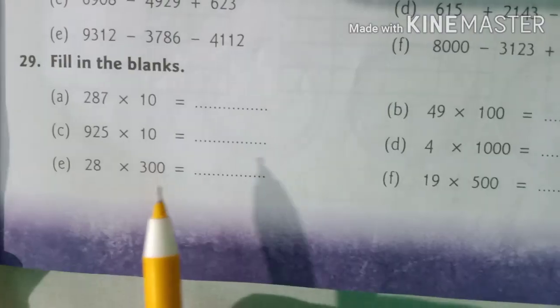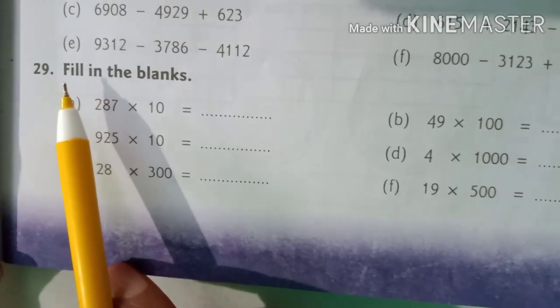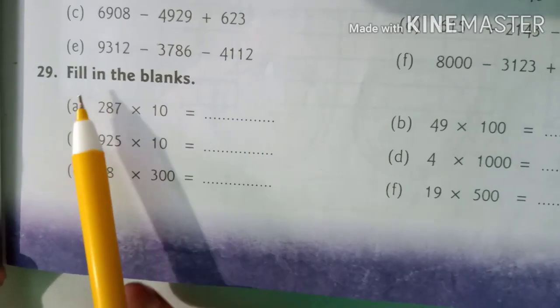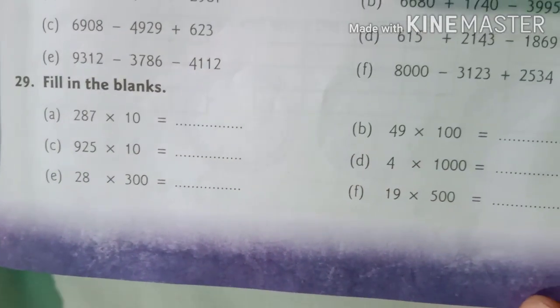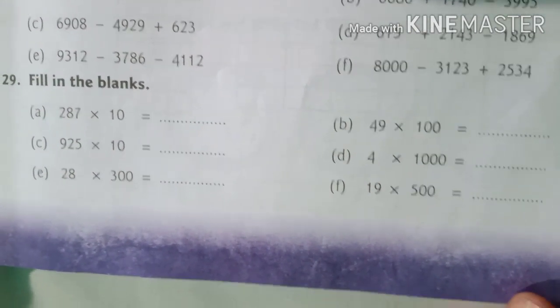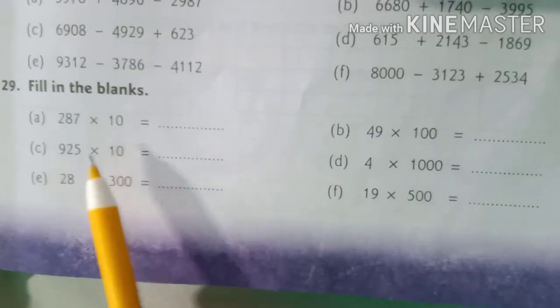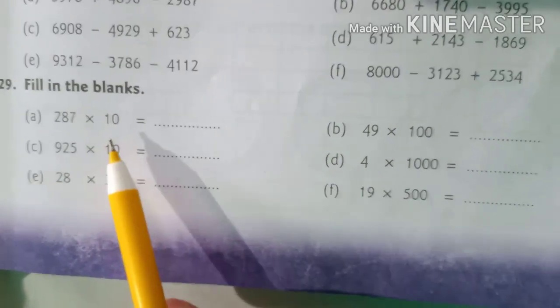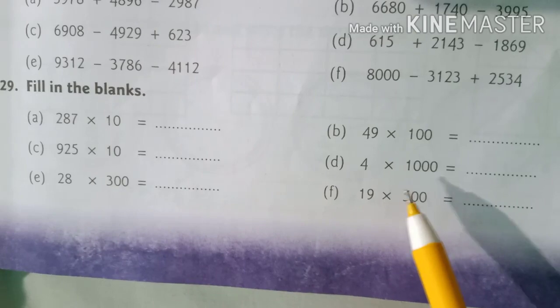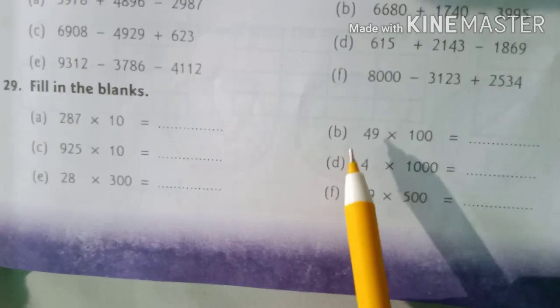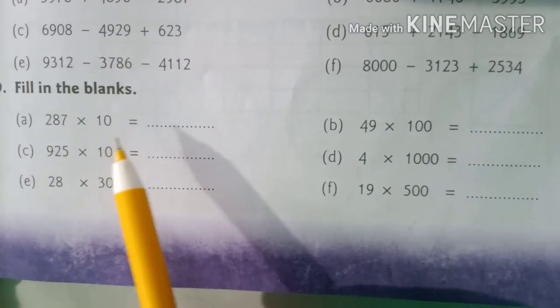Now see question number 29. In this question, fill in the blanks. In these questions, you are asked to do multiplication, and when you multiply any number by 10 and its multiples, then simply you will put as many zeros as the number has.